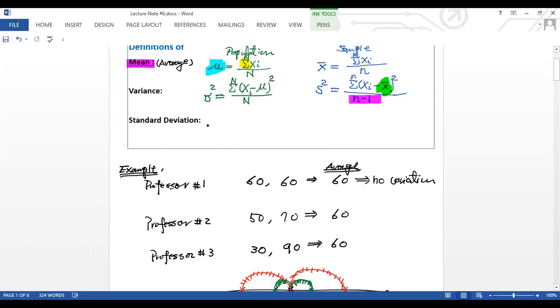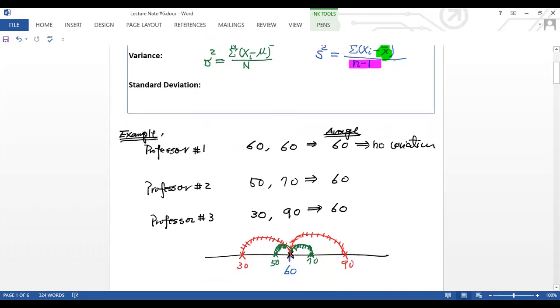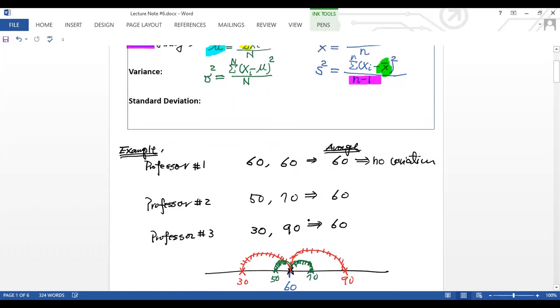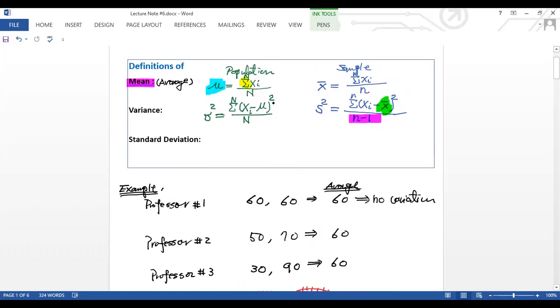So what is the standard deviation? We know from this graph of your grade that we still just want to assess the differences between each individual value and the mean. We square them because we want to prevent them from disappearing when you add them up.